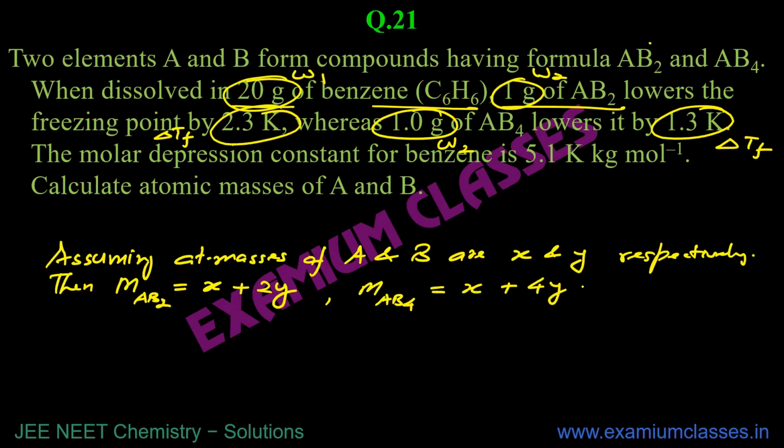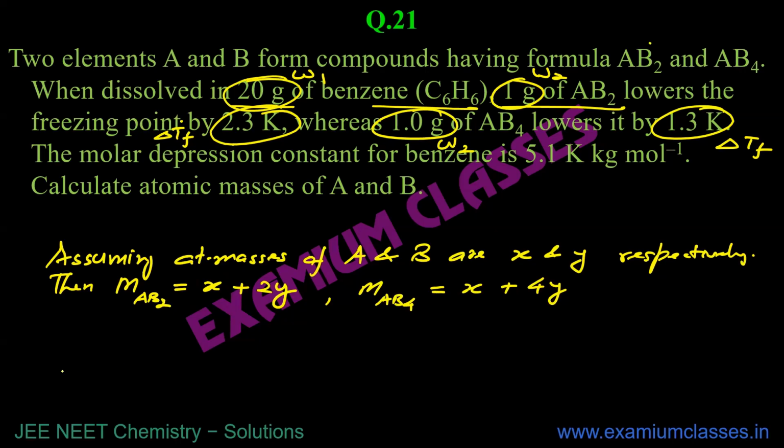So obviously I have to get the values of X and Y. So I need to form two equations in two variables, and I need to simplify those equations. And for that, I know the formula for delta TF, because that is given. So I have to obtain the equations in terms of X and Y. Instead of writing delta TF equals KF into this, I will write in terms of M2.